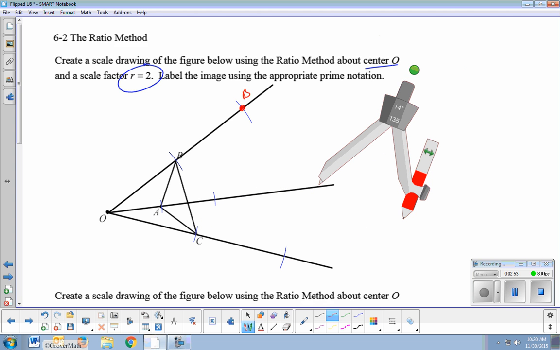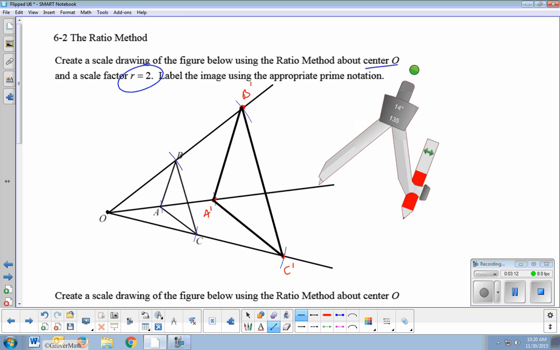This is B prime, the image of B after a dilation of 2, and A prime, the image of A after a dilation of 2, and C prime. And so all that's left for me to do is to connect my points. And we will see a figure, an image of our original triangle twice the size.